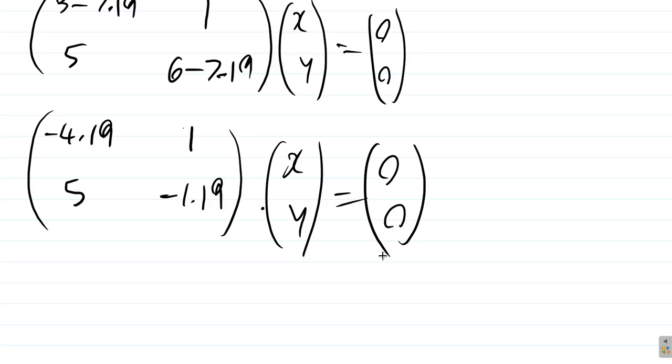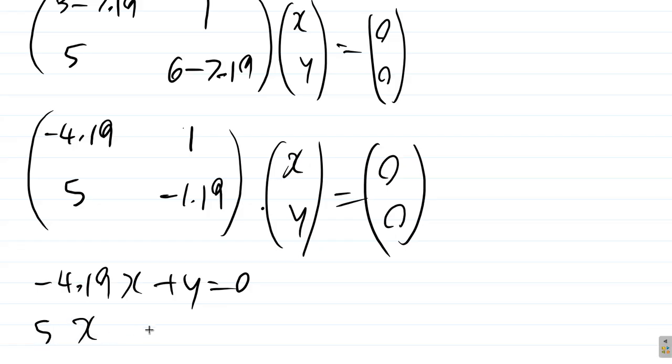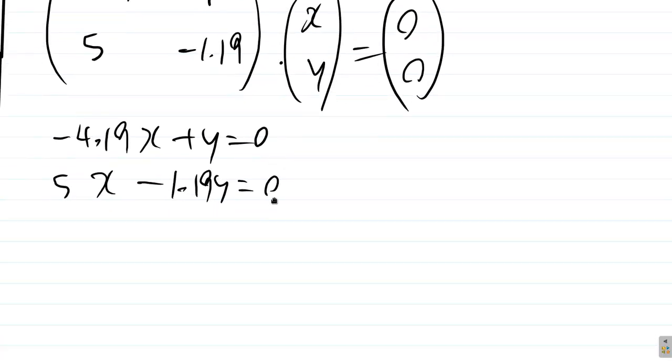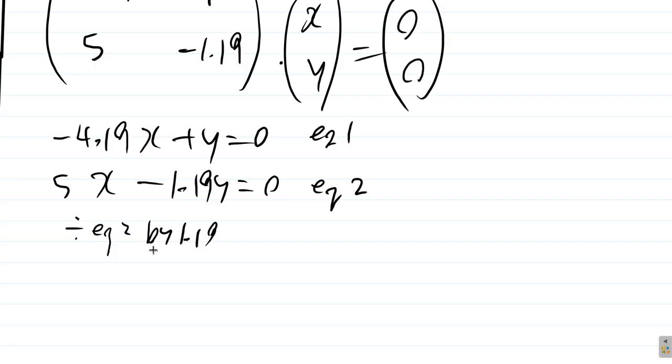So here now, negative 4.19 times x plus 1y equals 0, and 5x minus 1.19y equals 0, right? Let's call this equation 1 and this equation 2. They should be the same, but let's divide equation 2 by 1.19 and see what happens.